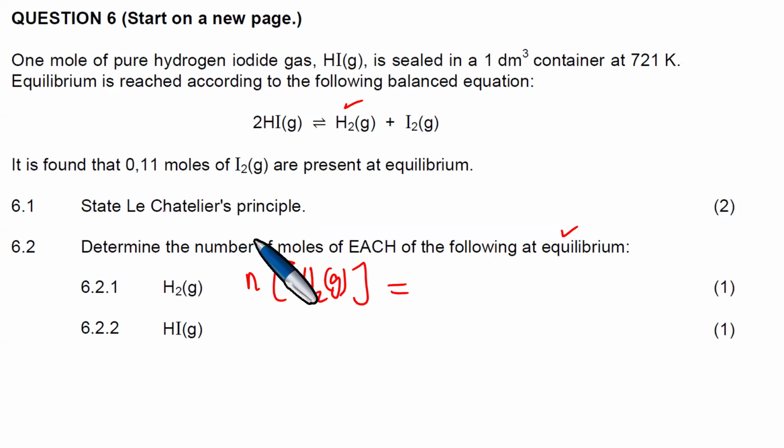It is found that 0.11 moles of iodine are present at equilibrium.